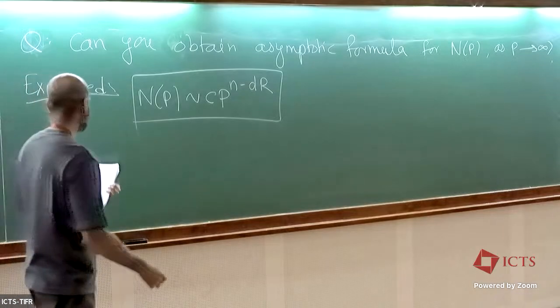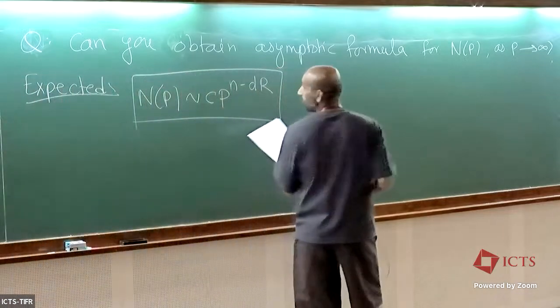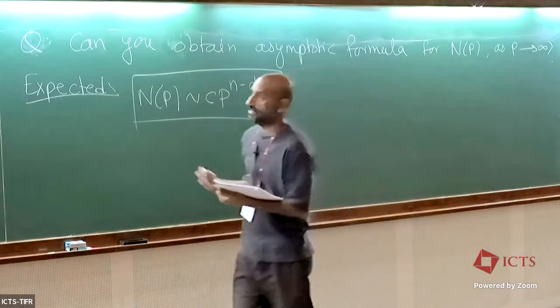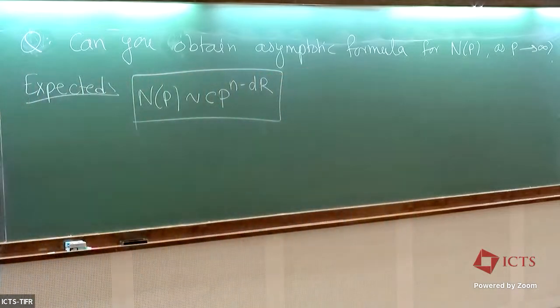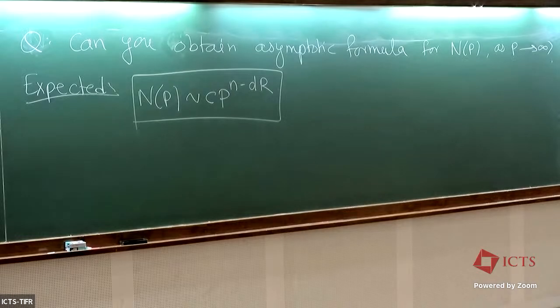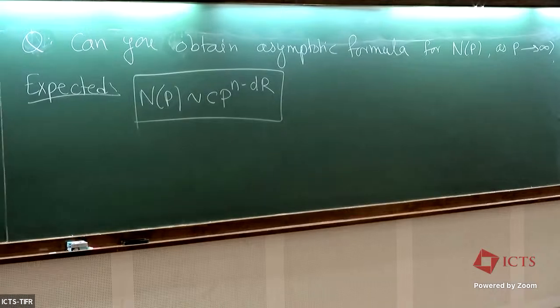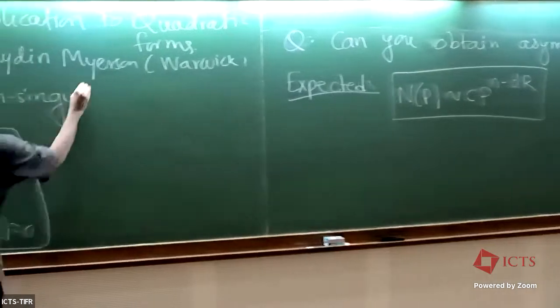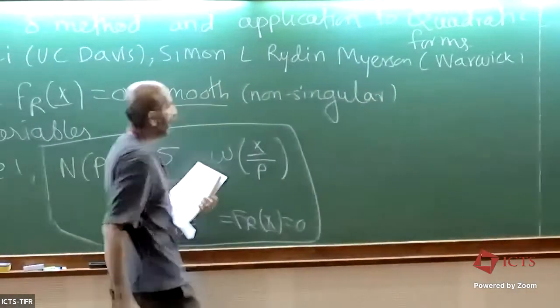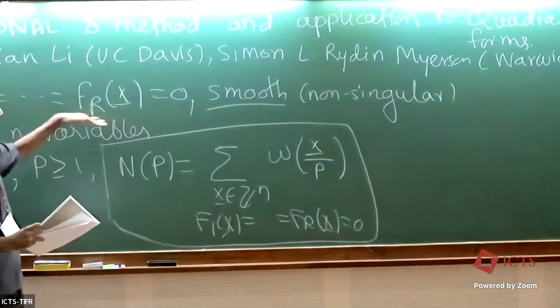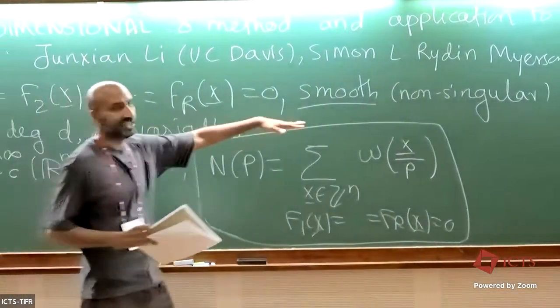And we are interested in obtaining this asymptotic formula for this counting function. So the question is, for which varieties, complete intersection varieties, can you prove this formula? Again, I don't need smoothness here, but for most of the results that I'll talk about, I will assume this extra condition that this system is non-singular.